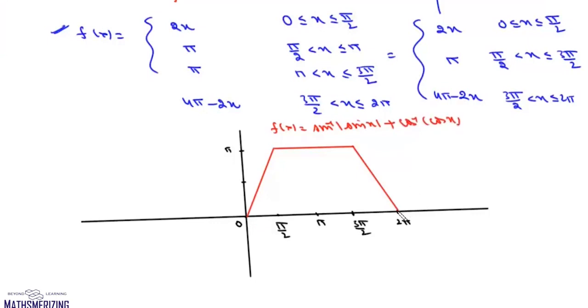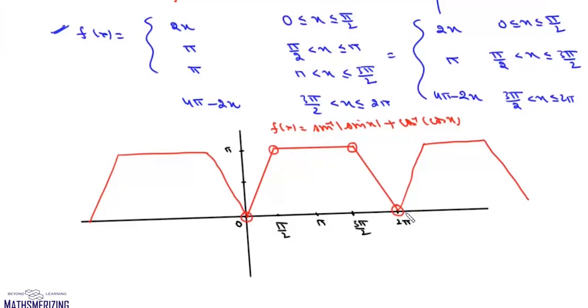Now this graph will repeat in the same fashion. So this is how we can draw the graph of sine inverse of mod sin x and cos inverse of cos x. Now as you can see, this function is continuous for x belonging to R, but it is not differentiable at pi by 2, 3 pi by 2, 0, 2 pi.